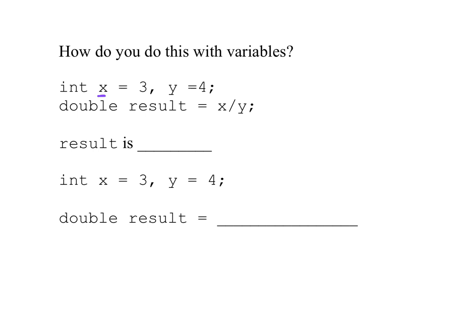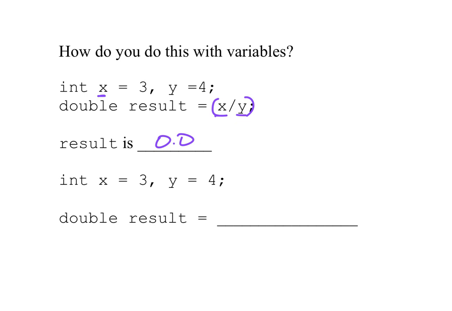If you have hundreds and thousands of variables, it's going to be a problem. So we can't just make that a double just because we want the result to be a double. As we can see here, x divided by y, it does the calculation 3 divided by 4, it gets 0, and it stores 0.0 in there.